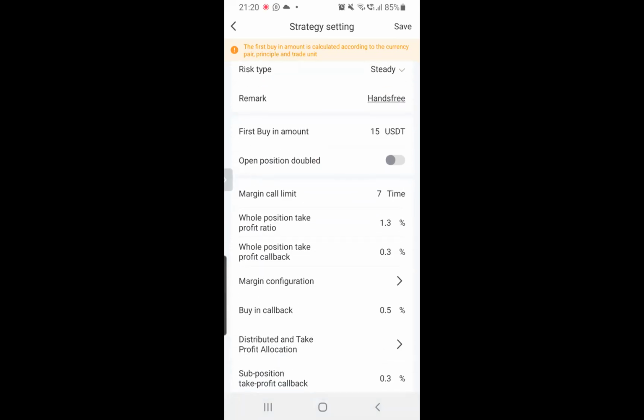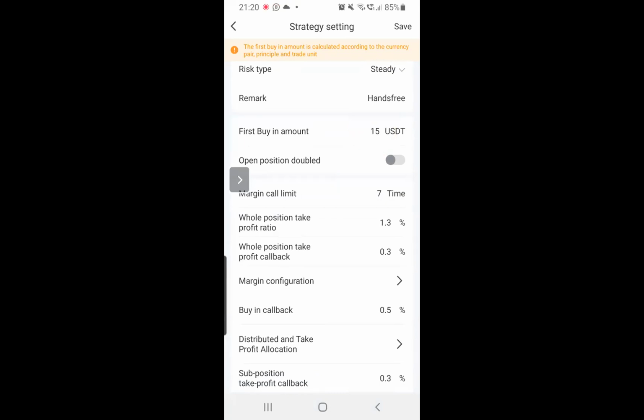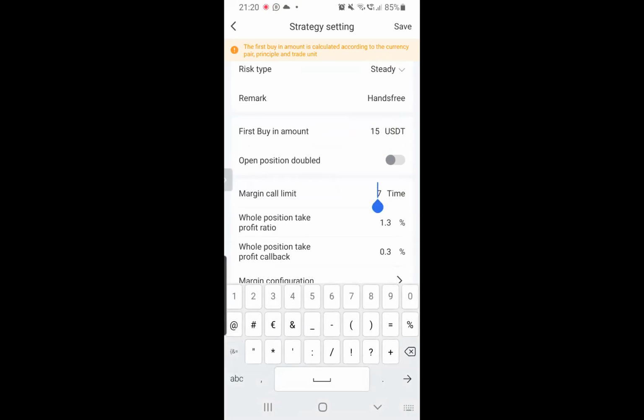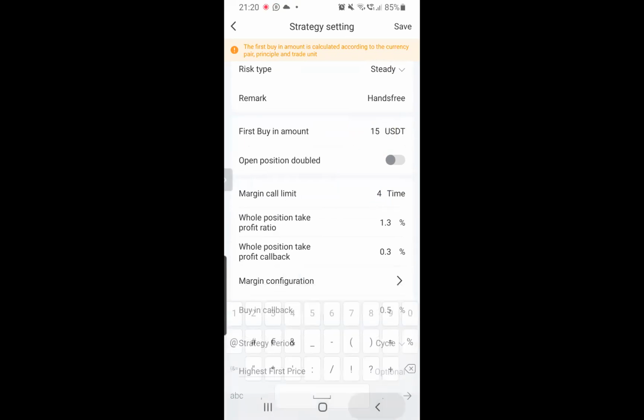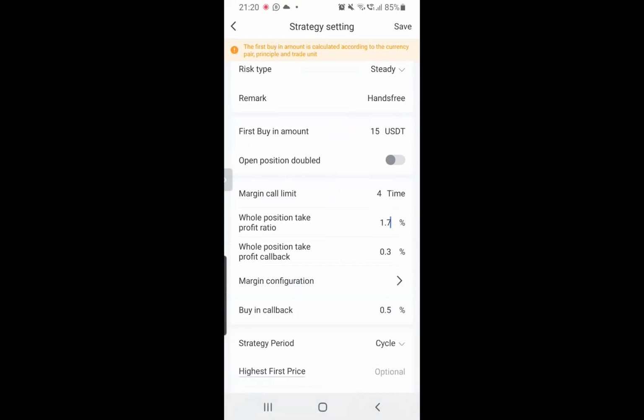And then first buy amount, leave it empty since you will always change it according to what you have. Then here, margin call, make it 4. Whole position take profit, make it 1.7. It's important you make your whole position take profit small, because you didn't analyze the market to enter.